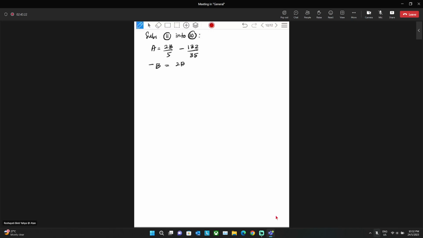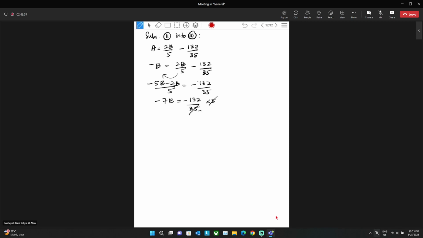Okay, so bring it to the left. Negative 5B minus 2B over 5 equal to negative 132 over 35. So, negative 7B equal to negative 132 over 35 times 5. 5, 7, 7.